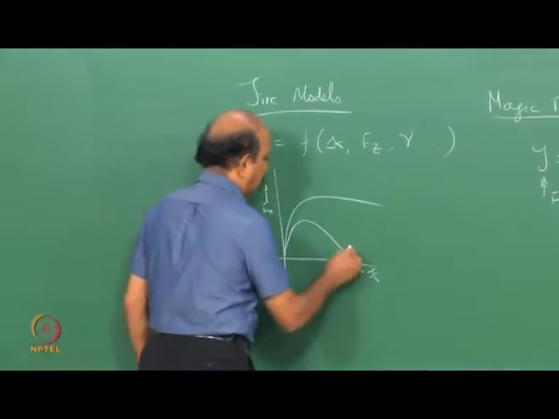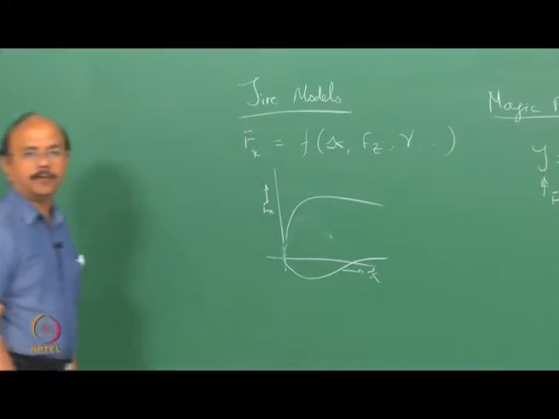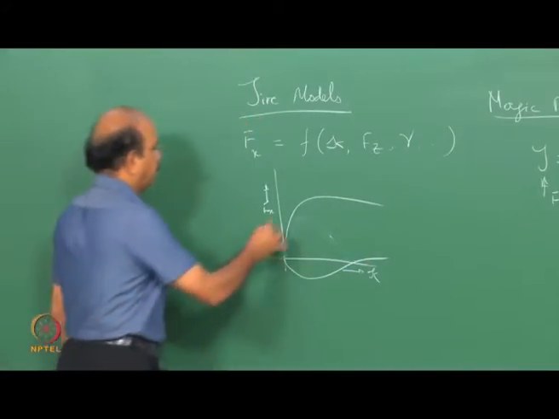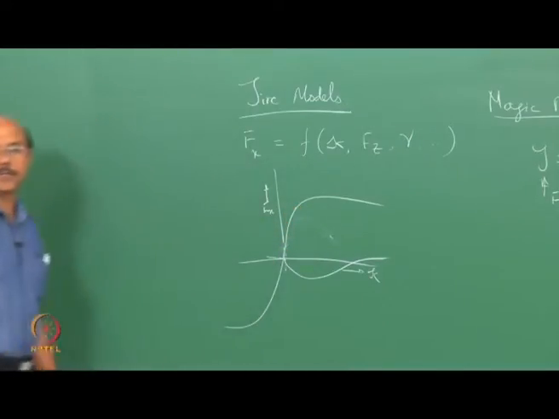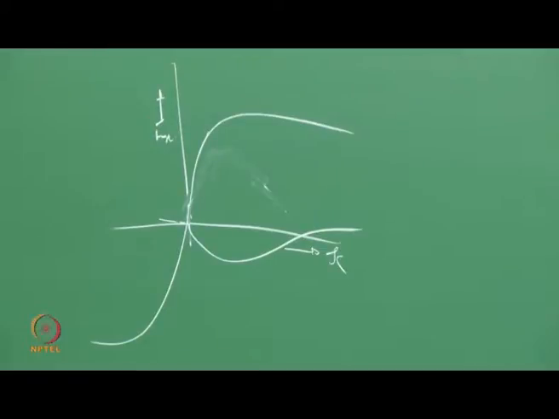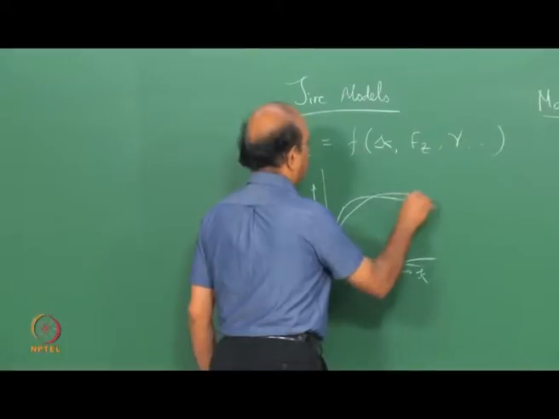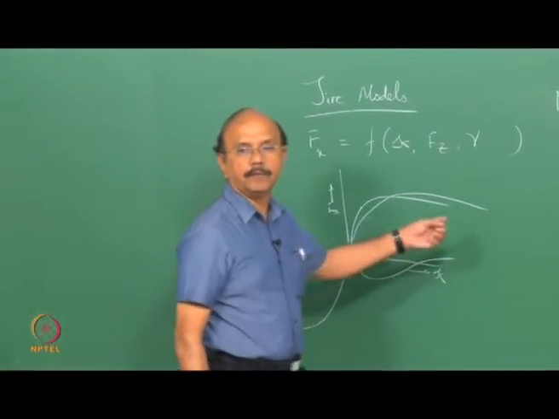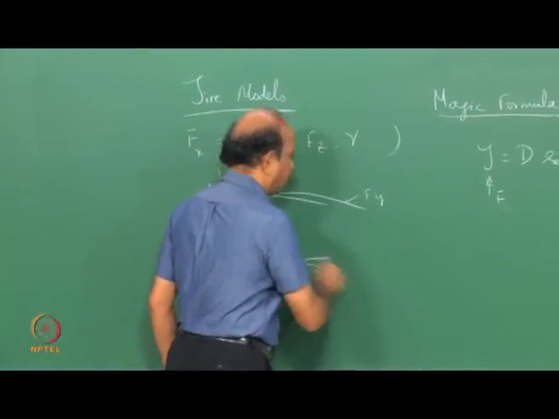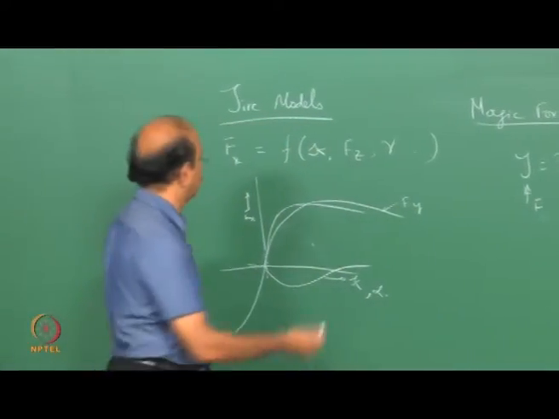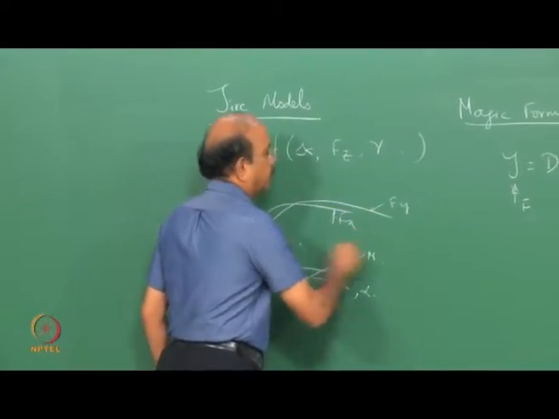Say, for example, I had a curve like that for moment, and this curve is antisymmetric with respect to this, and then I have another curve like that for Fy. So this can be Fy against kappa or alpha. This can be the Fx curve, and this can be the M curve, and so on.